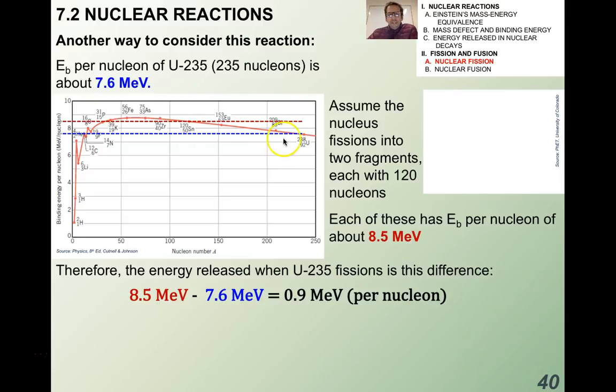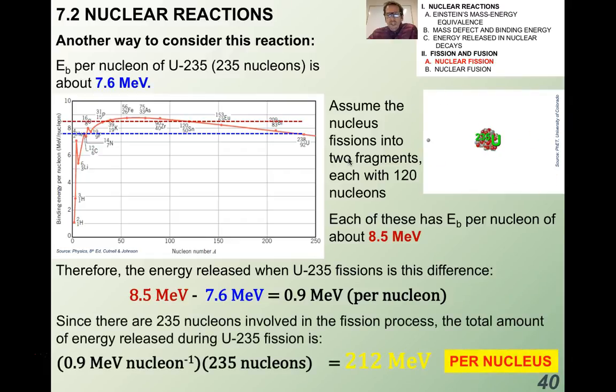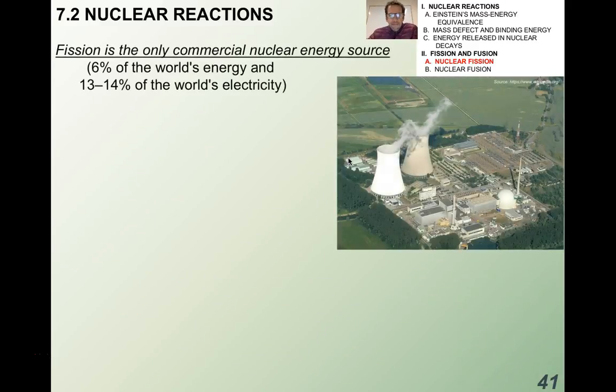Therefore, the energy released when uranium-235 fissions would be the difference between them, which is about 0.9 mega electron volts per nucleon. That's huge because there are 235 nucleons involved in each fission process. So the total amount of energy released would be that number times 235. That's 212 mega electron volts per nucleus. So we're talking about incredible amounts of energy, okay?